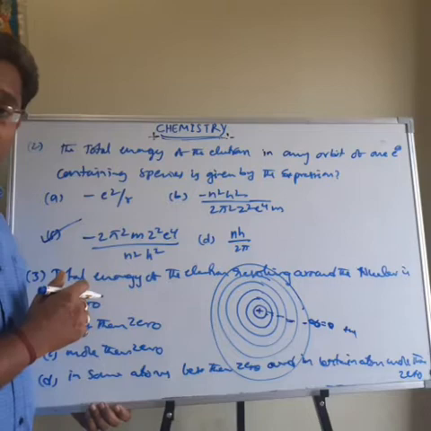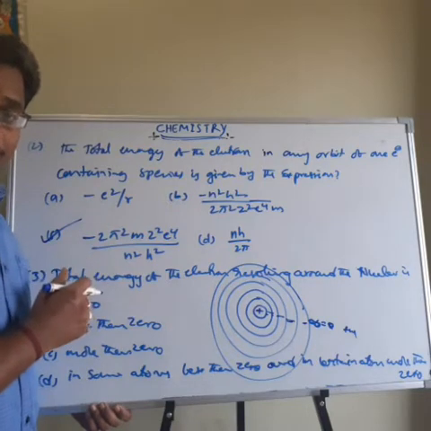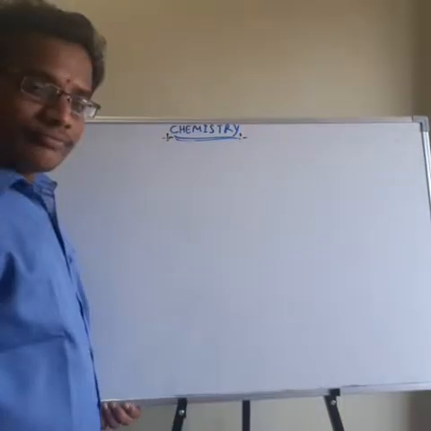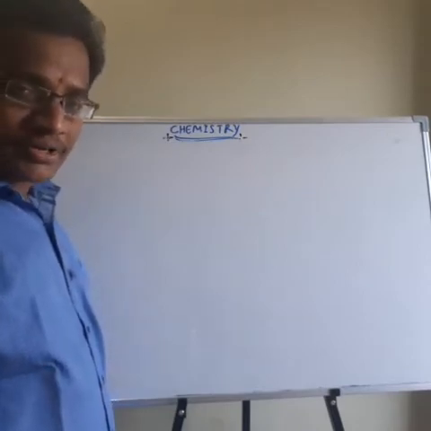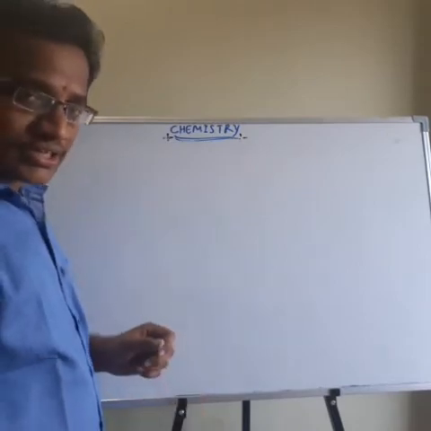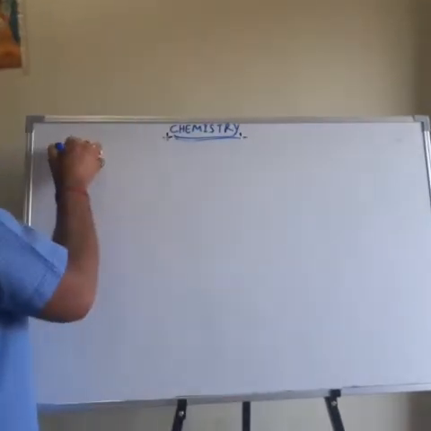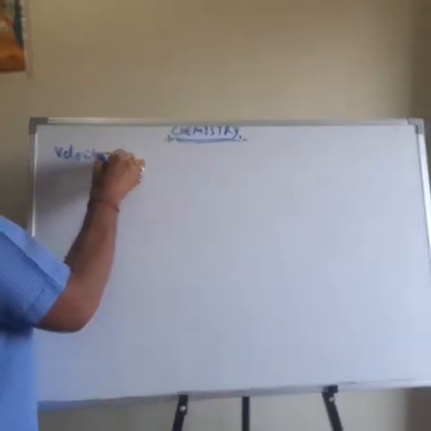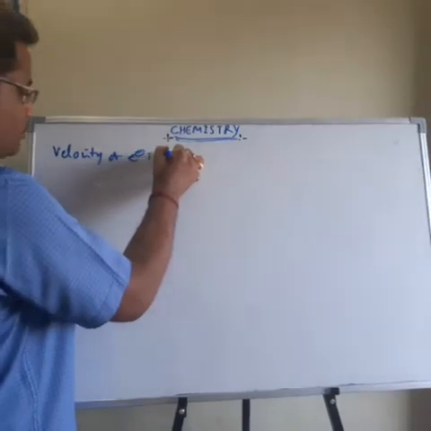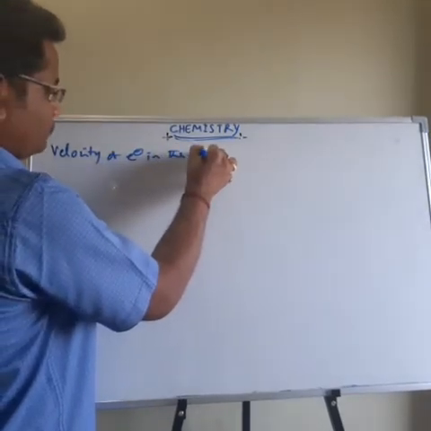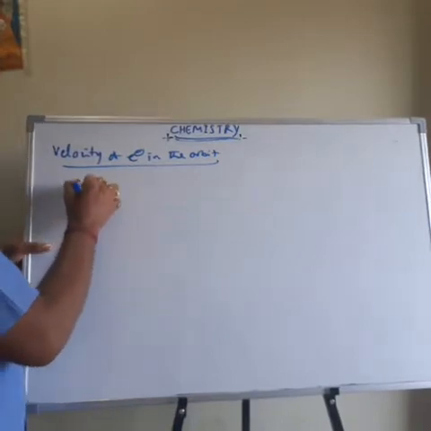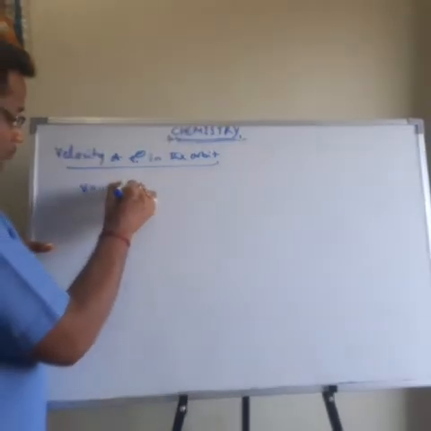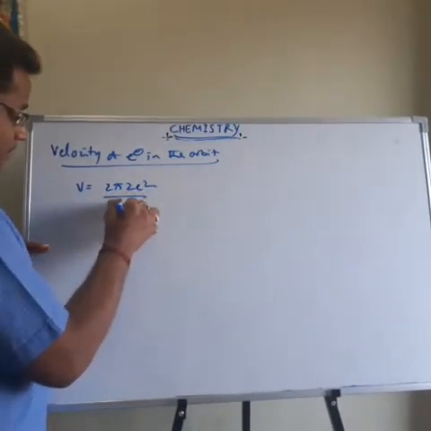The next one is ionization energy and velocity. Next is the velocity of the electron in the orbit. How to calculate the velocity of the electron? The velocity of the electron in the orbit is calculated by the formula V is equal to 2 pi Z e squared by nh.